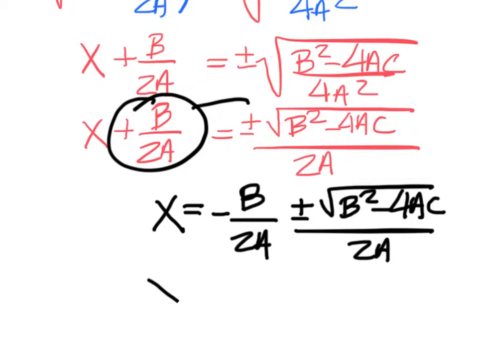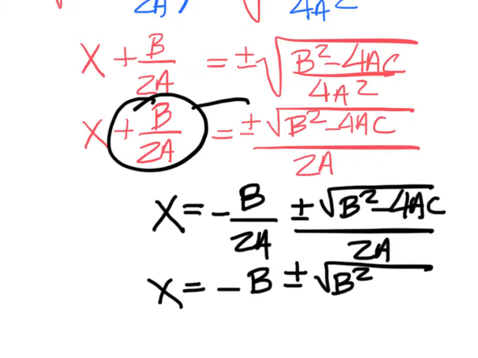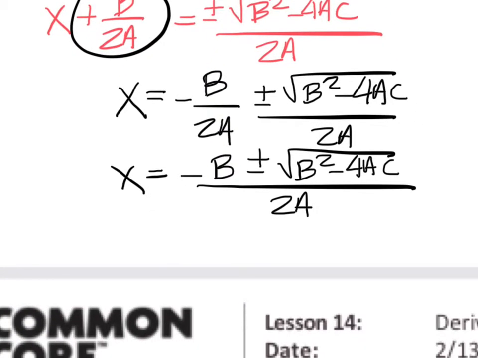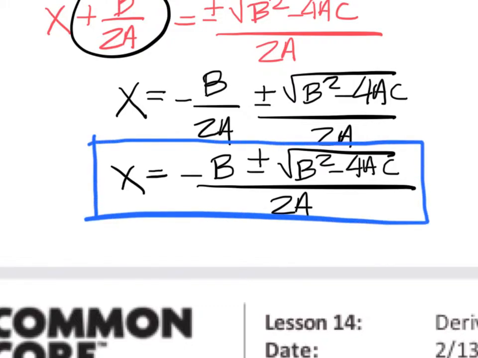Yep. So we can combine them together. Negative b plus or minus the square root of b squared minus 4ac over 2a. And this is called the quadratic formula.